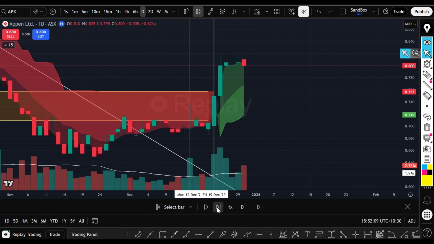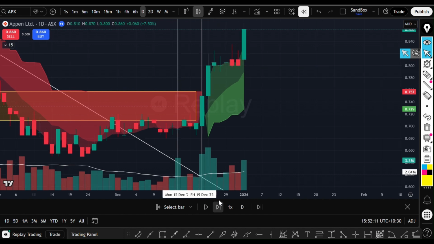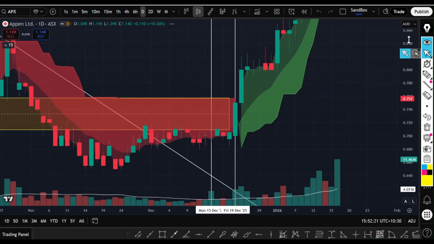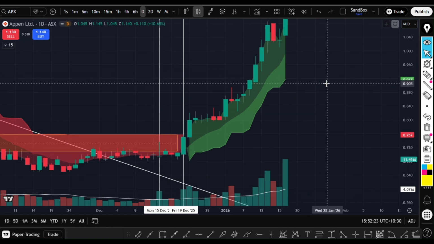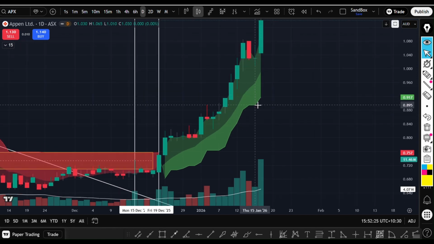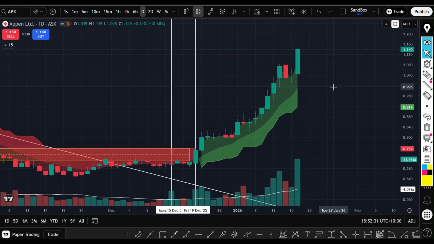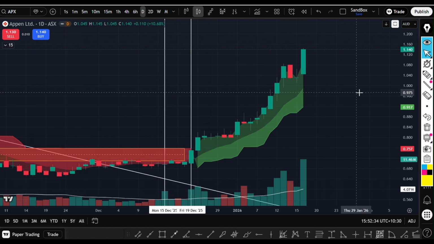It did try to consolidate for some time here, but it does not even come to this level, and it continues to be above the super trend cloud. As long as this cloud is pointing upwards and the price remains above it, my analysis is that this continues to be in a strong bullish trend.